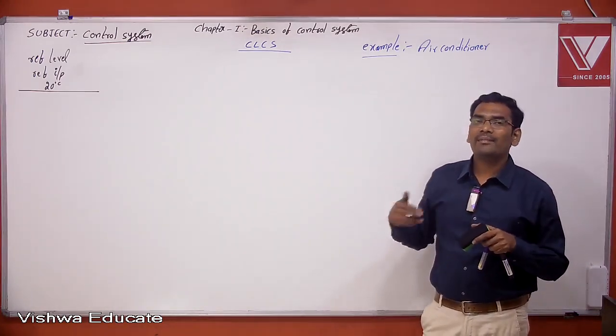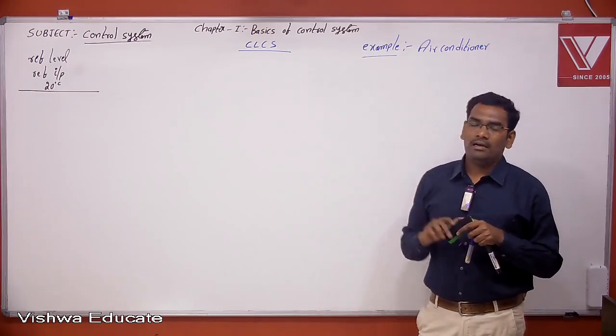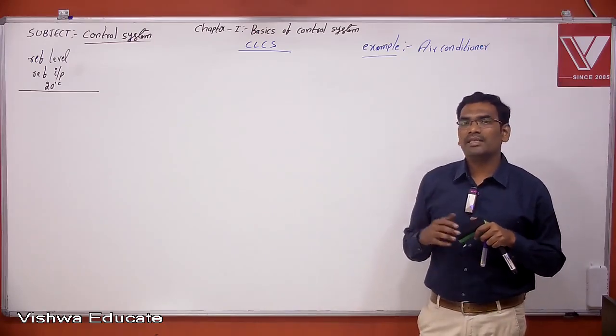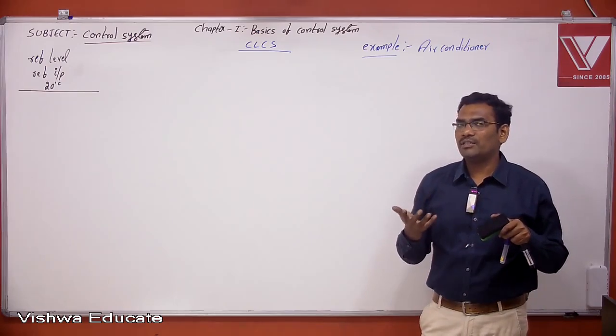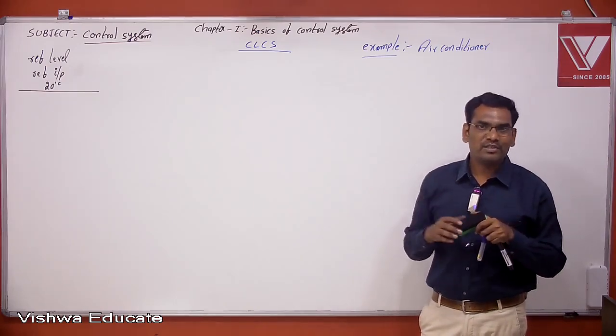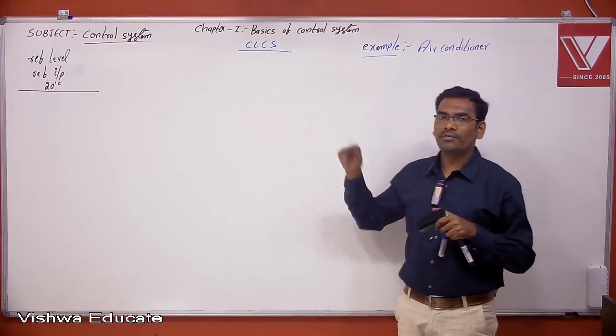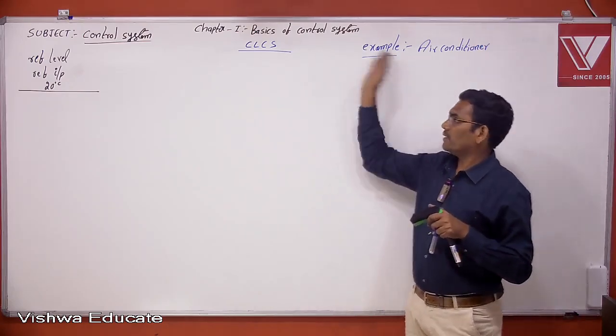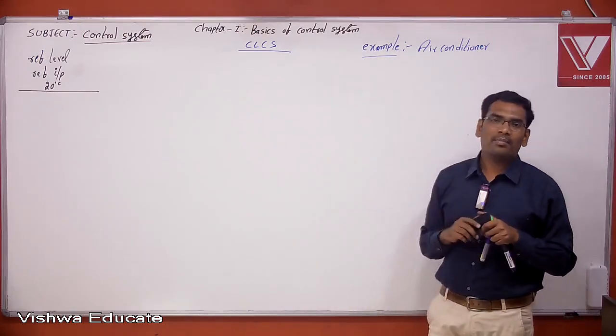Now the remaining portion is machine operation. What the components in the machine are and how it will work, we will also see under the category of this closed loop control system with the example of the air conditioner.